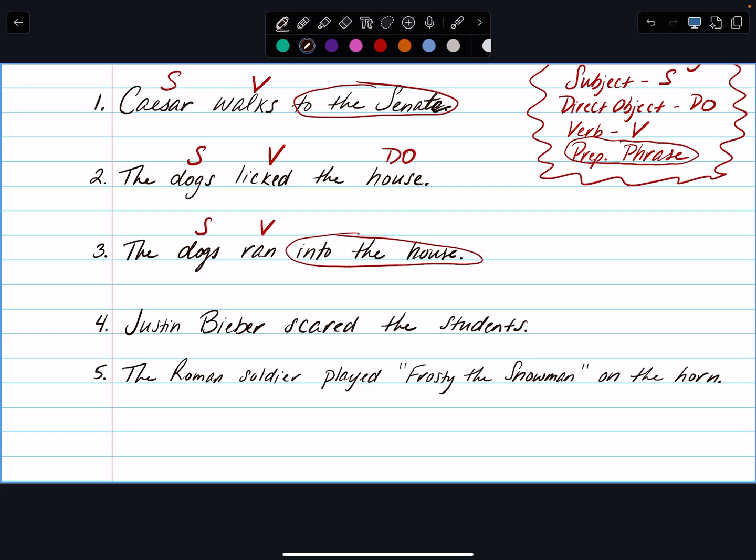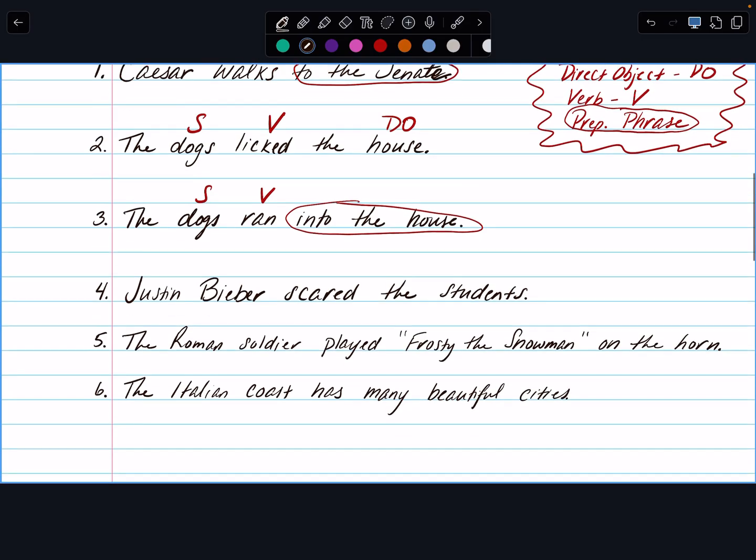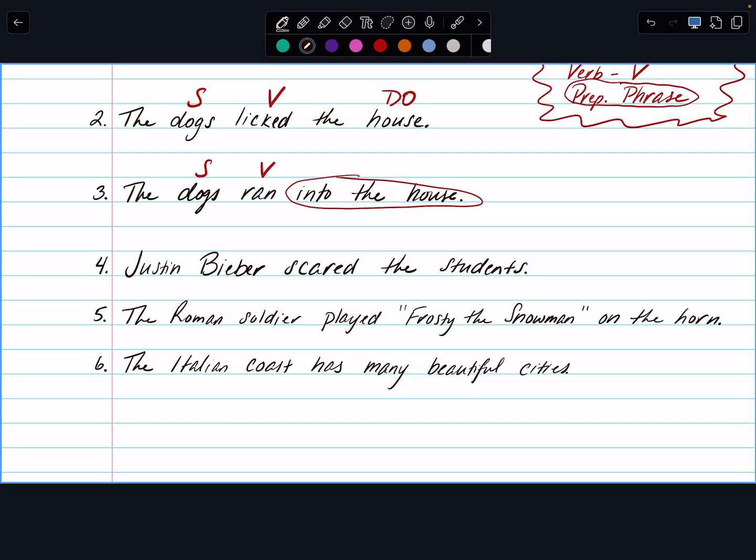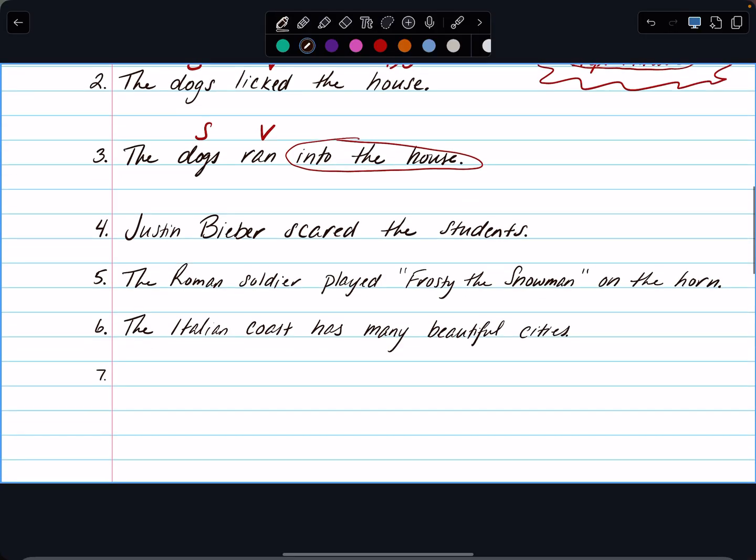I got one section on my paper. Are you going to post it on the classroom? Yeah. All right, I'm going to scroll 5, 6, 7, and 8.